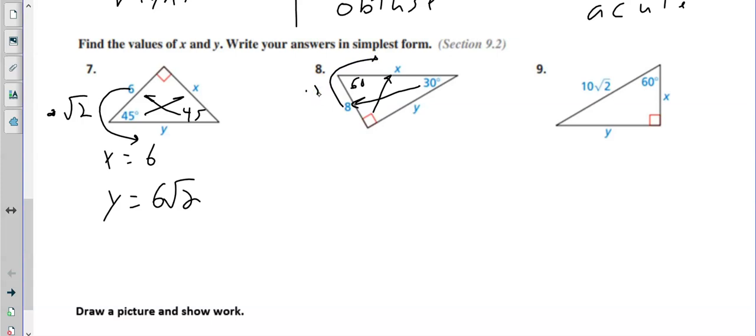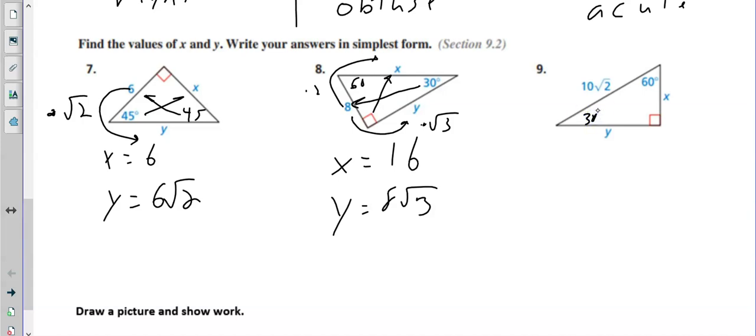You double the short side. So x is simply 8 times 2, which is 16. Now, going to the larger side, I'm still getting bigger, so I'm multiplying, but the magic number on this one is root 3. So y is simply 8 times root 3. That's it.